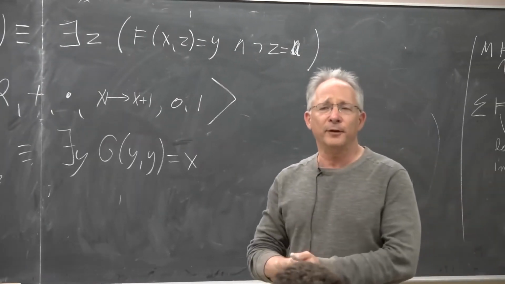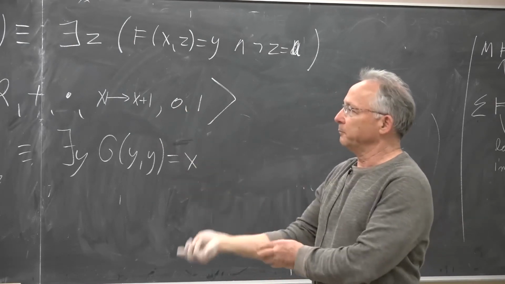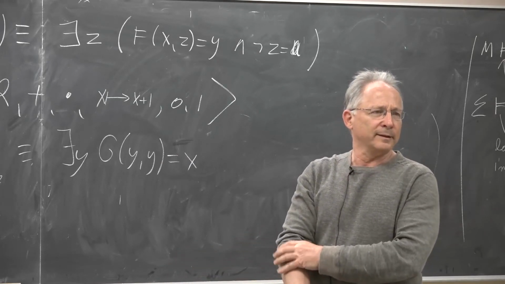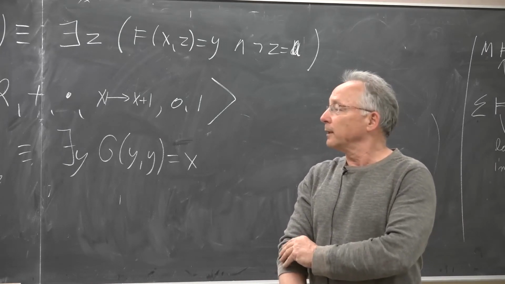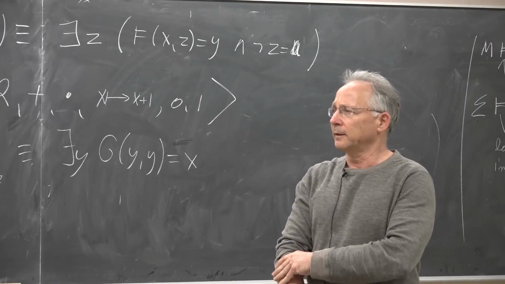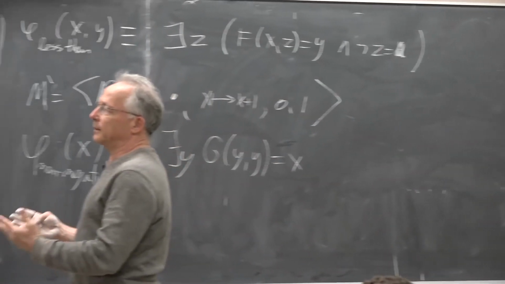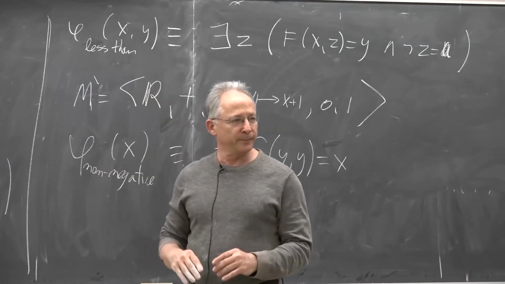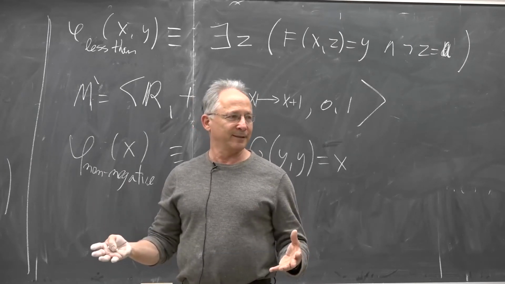Is every subset definable? Say I take the set of natural numbers, and I ask, is every subset of natural numbers definable? Now we should just have counting arguments, as for those of you that attended the special lecture that we did a couple of weeks ago. The number of all formulas that we can write in this language is only countable. It's infinity, but it's small infinity. But the number of subsets of the natural numbers is infinity, but a big infinity.